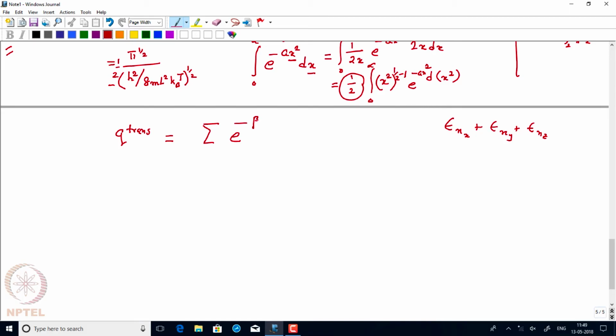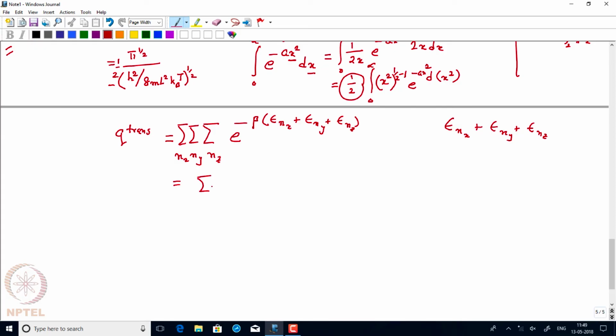Now energy is additive, so it is basically Nx plus Ny plus Nz, and then actually this is a triple sum over Nx, Ny and Nz. Now you see that since it's an exponential to the power of something which is an addition of 3 terms, I could actually write it as the multiplication of the exponentials.